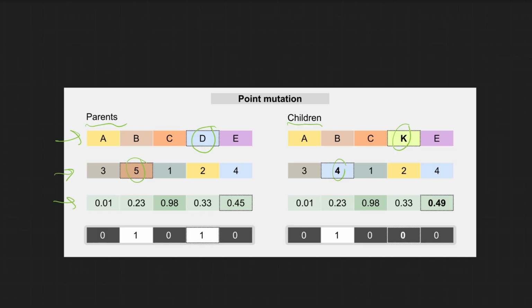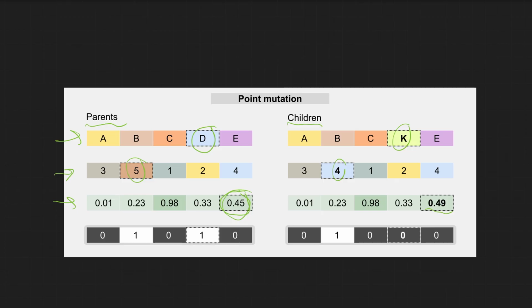Now in floating point notation things are a little bit different. We still randomly select one location, but then what we typically do, we use a Gaussian distribution with mean equal to 0.45 in this particular case, and a predefined variance, and then we're going to sample a value from this Gaussian. Now, depending on the variance, we may be very close to the mean. In this case, 0.49 is the value that we sampled.